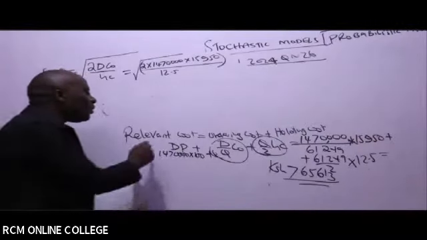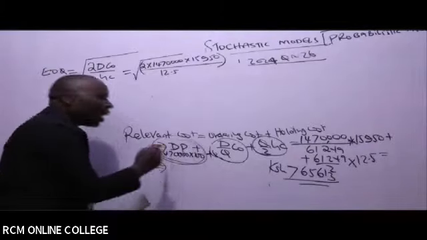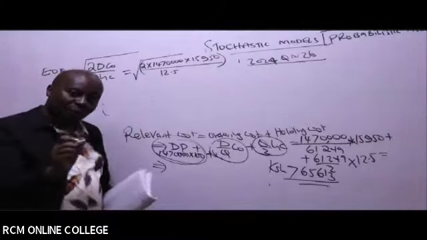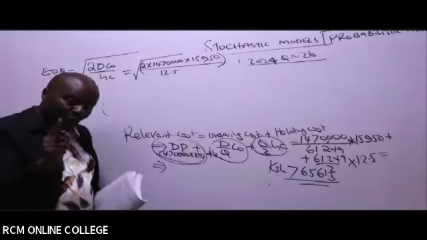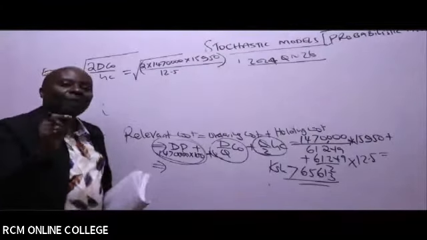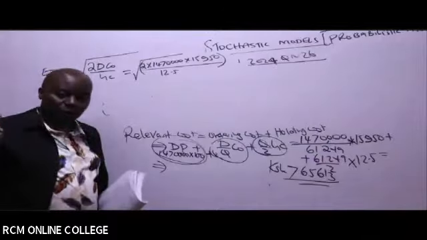So even if you change the EOQ to a different number, this particular metric will always remain the same. Remember the principles of relevant costing. Relevant costs are supposed to be differential, incremental. Any cost which is going to remain constant shall always be left out of the equation.